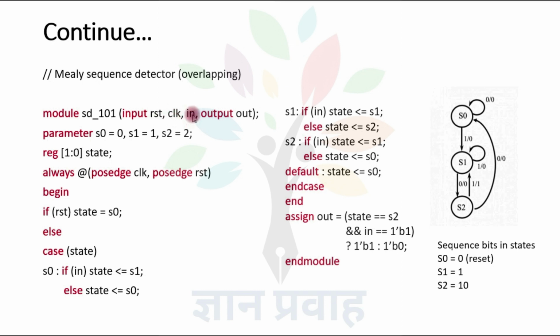One is for transition logic, that is combinational input logic, and one is for output logic. There are 3 states: S0, S1, S2.